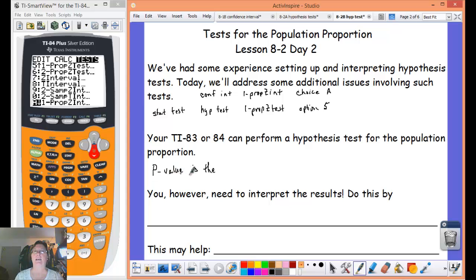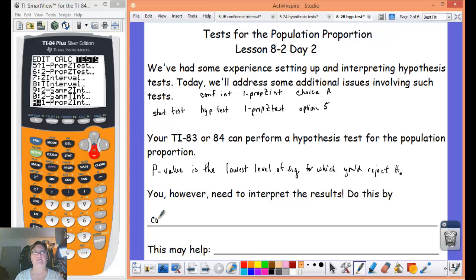Another way to phrase that is the p-value is the lowest level of significance for which you'd reject. So, if you're going to do this kind of interpretation, you must use this kind of thinking.